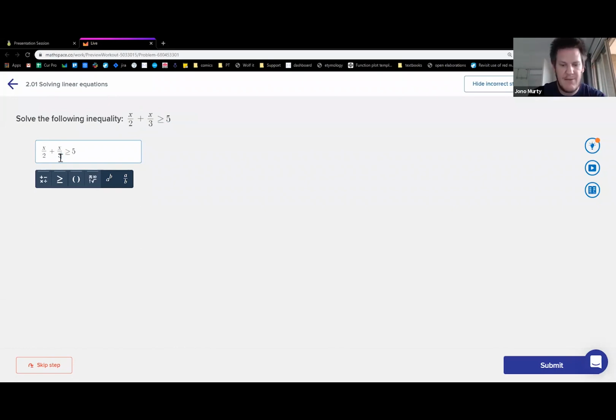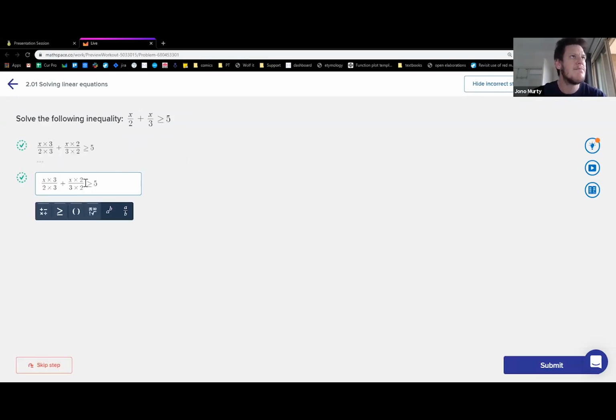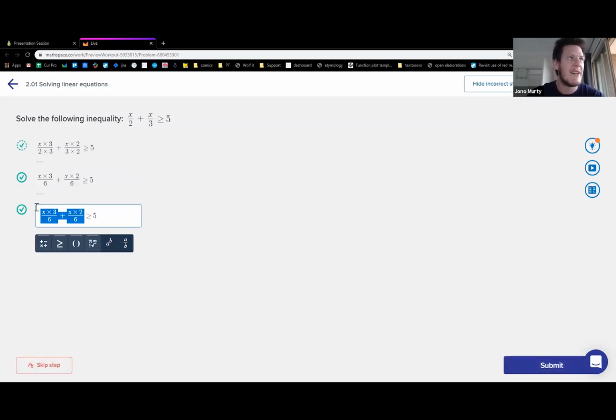I want to write with a common denominator, so we're going to multiply them together. Need to times this by 3 as well, and this by 2. Let's just simplify everything now. That's 6, that's 6. Now I can write it over the common denominator.